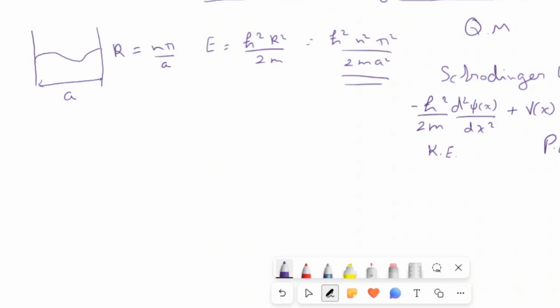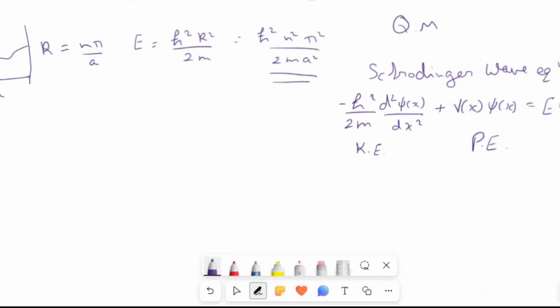So now let's consider the first case, for a free electron. Here the free electron means it is not experiencing any kind of potential. It is very far away from the solid, so it does not have any kind of interaction with a potential, which means V of x will be 0.